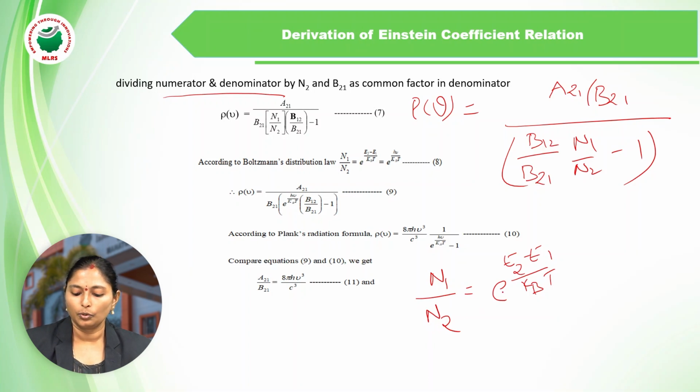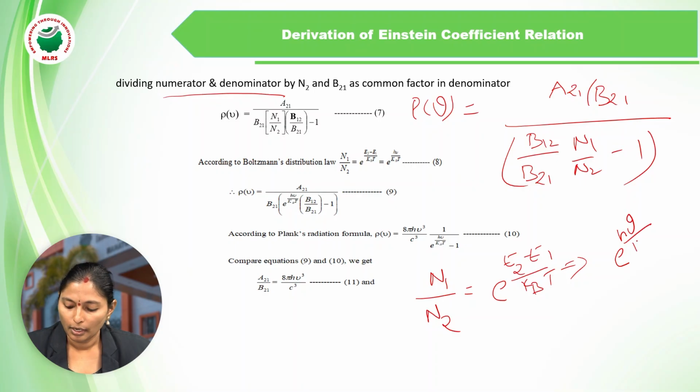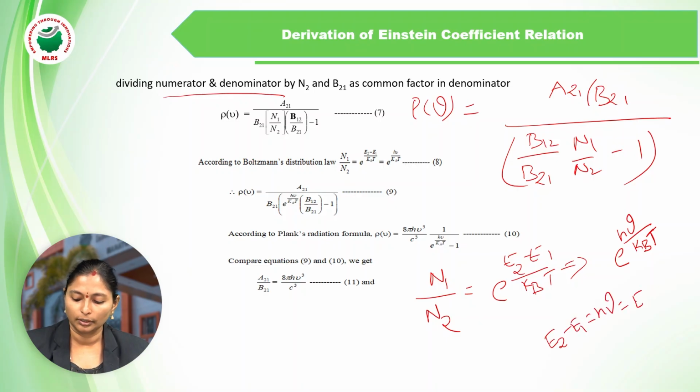We can also write E2 minus E1 equal to h nu, where h is Planck's constant, nu is the frequency, KB is the Boltzmann constant, and T is the temperature, because E2 minus E1 is the energy difference between the two energy levels.